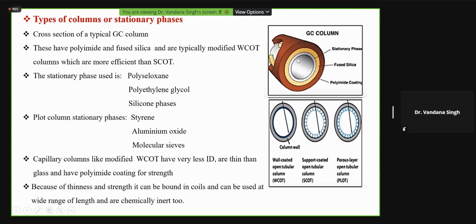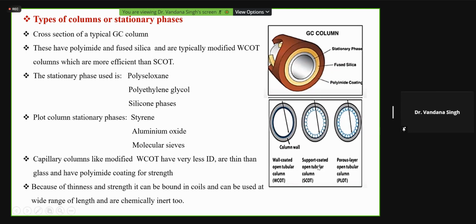Open tubular means it's not stuffed, they are open and tubular, and the stationary phase is immobilized on the wall of this support material. That is why it is called wall coated open tubular column, WCOT, and they are the most widely used columns in the GC system, and they are most efficient as well.